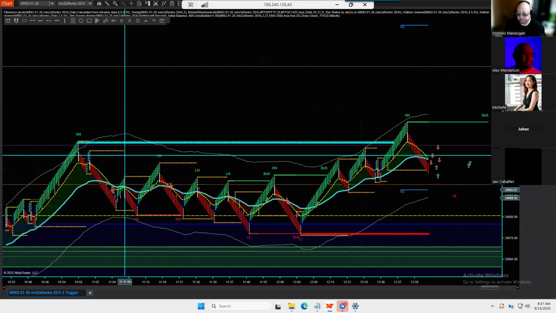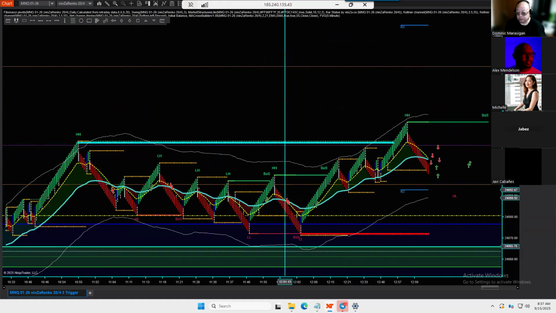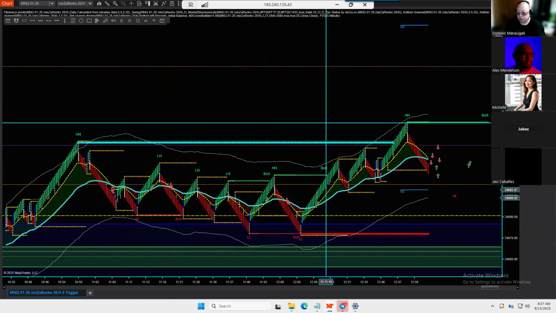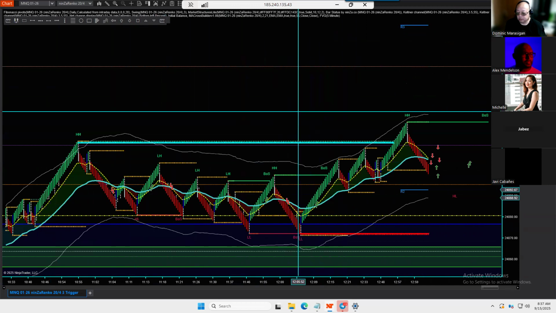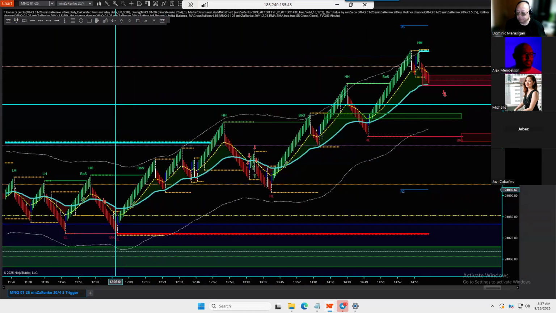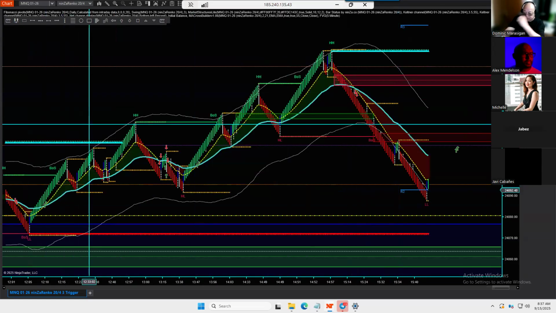I think it tested several times. It didn't get quite close to test it, but you can see it's not broken yet. When it breaks one of these fair value gaps, it's no longer applicable. You won't see it. But the ones that are active are the ones like there. You see, they're going to test these levels.